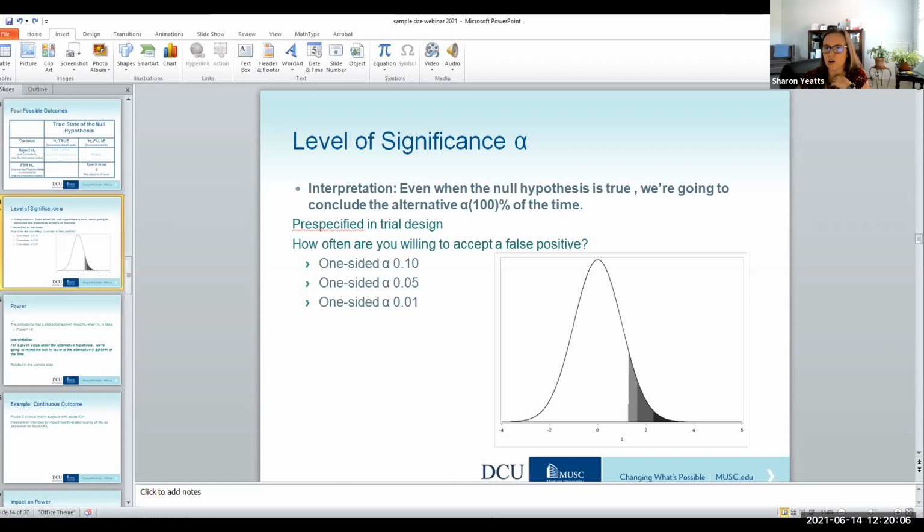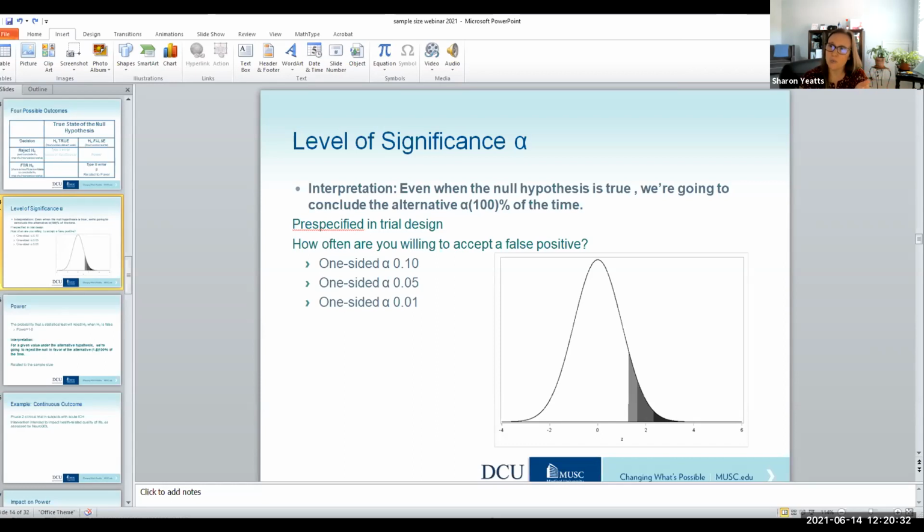So if we are willing to accept a 10% error rate, then what we're saying is that anything in this shaded region out here would be rare enough under the null for us to say, if I see something out here in the shaded region, that's so rare, I don't believe the null is true anymore. I'm going to go with my alternative. Okay.